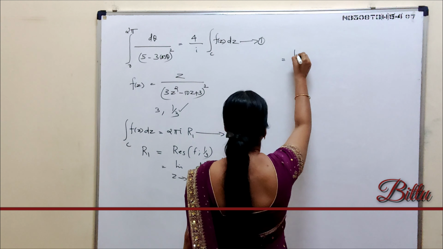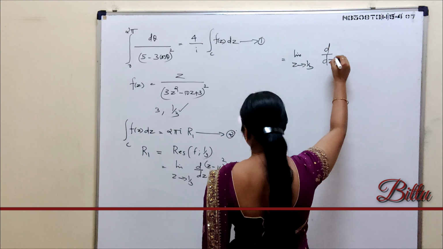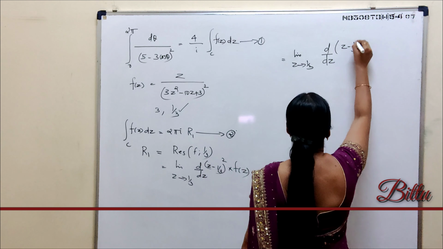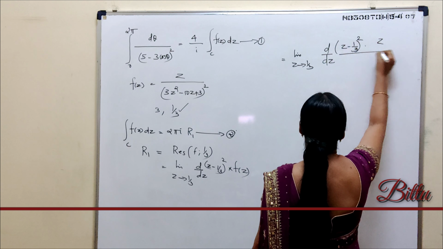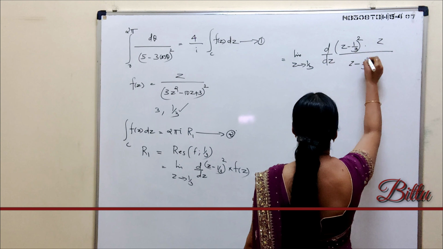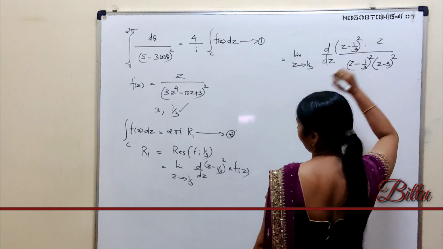See this, limit z tends to 1 by 3, first derivative of z minus 1 by 3 the whole square into f(z) is z by z minus 1 by 3 the whole square into z minus 3 the whole square.